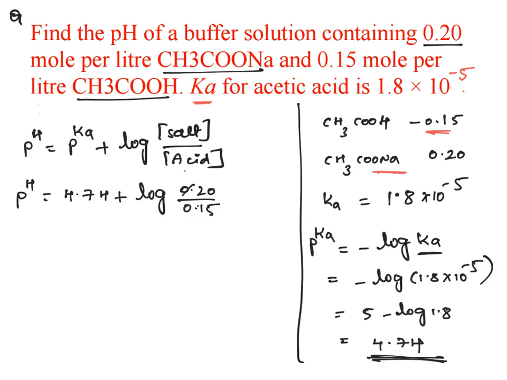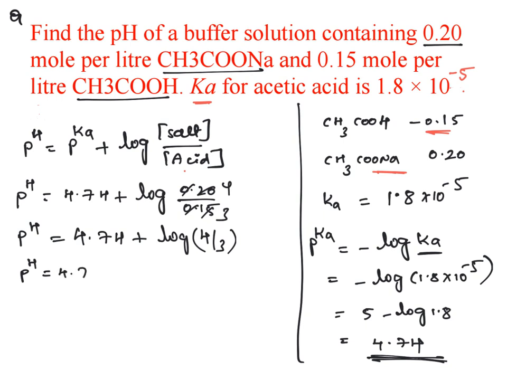So I can cancel, it is 20 by 15, that is 4 by 3. So pH equals 4.74 plus log of 4 by 3, that is log 4 minus log 3. pH equals 4.74 plus log 4, 0.6021, minus log 3, 0.477.